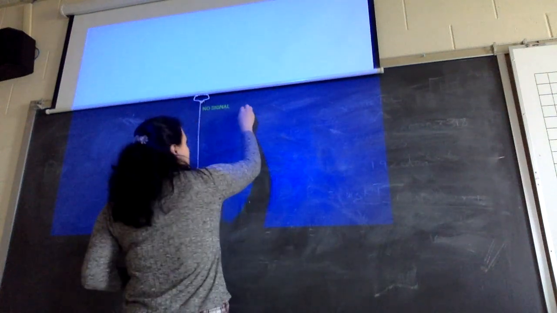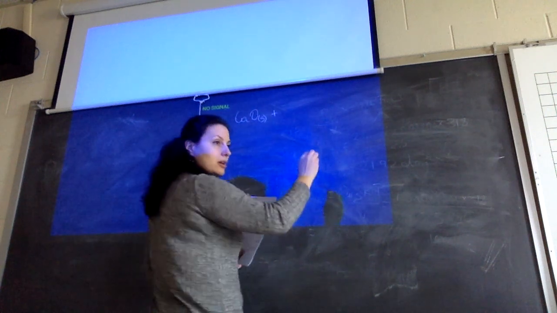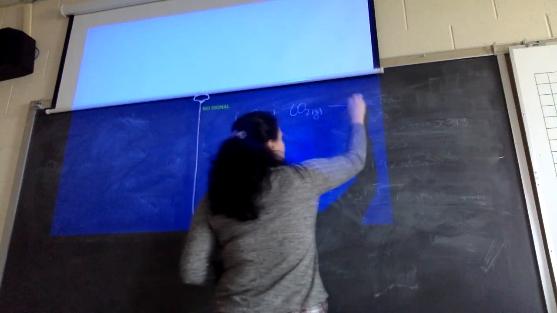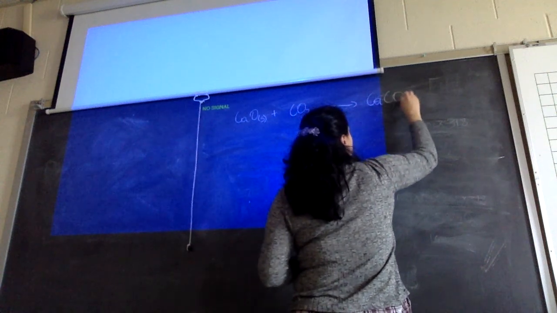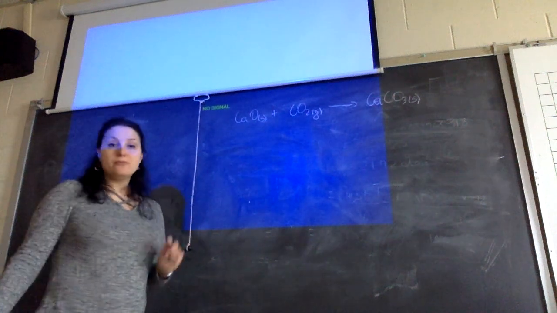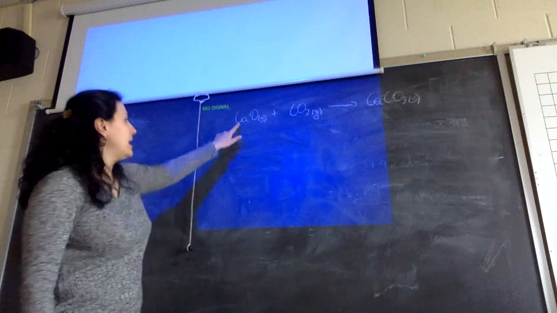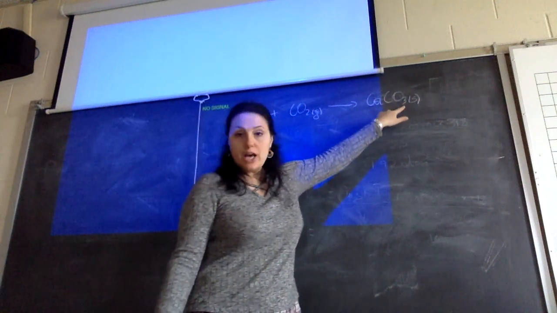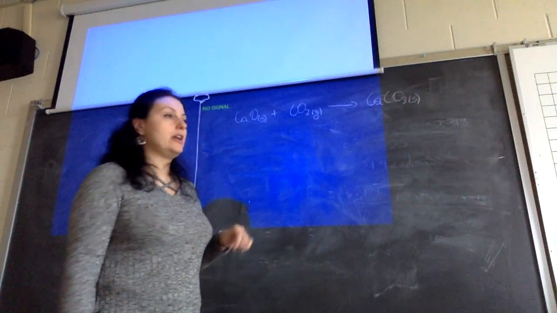I have calcium oxide, solid, plus CO2 gas gives me calcium carbonate, solid. Okay, what is the first step? Make sure that the reaction is balanced. I have one calcium, one carbon, 3 oxygens, 2 plus 1 gives me 3 oxygens, so this is already balanced.